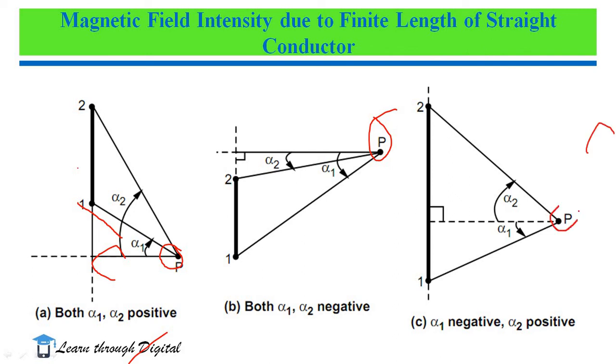At that time alpha 1 is negative and alpha 2 is positive. So we should remember that while calculating magnetic field intensity, depending upon the location of the observation point, the signs of alpha 1 and alpha 2 differ.